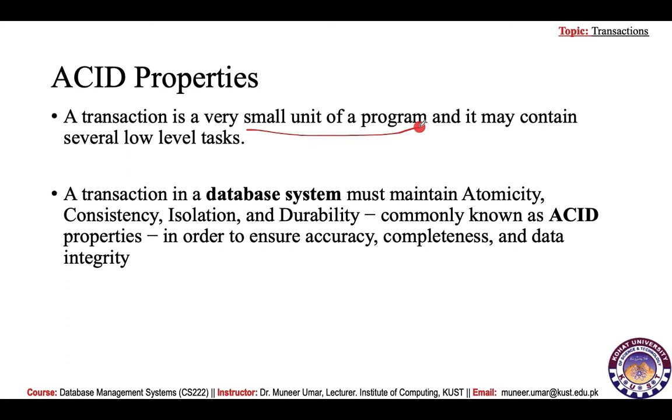These are known as ACID properties of transactions. These are atomicity for A, for C we have consistency, then for I we have isolation, and for D we have durability. So these are commonly known as ACID properties. These are used to ensure the accuracy, completeness, and data integrity of the database.